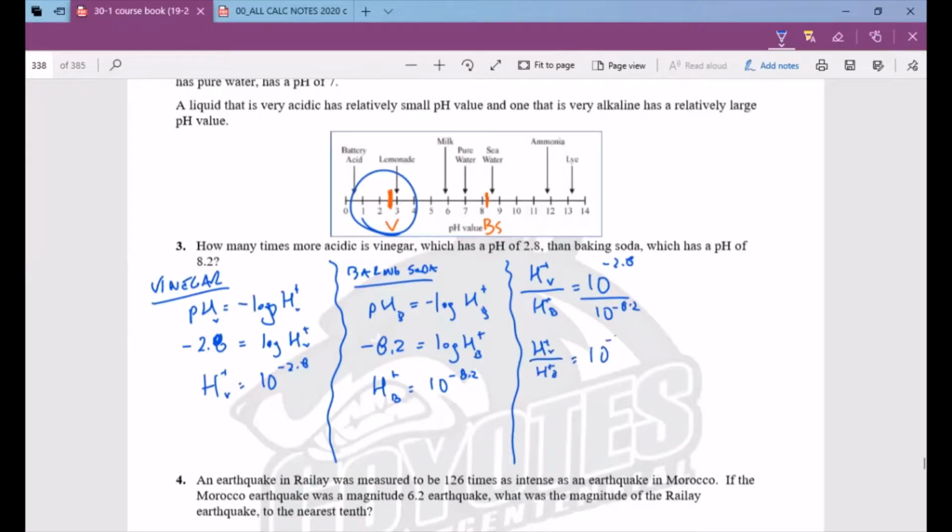We subtract our exponents, so we are subtracting negative 8.2, and we end up with 10 to the 5.4.